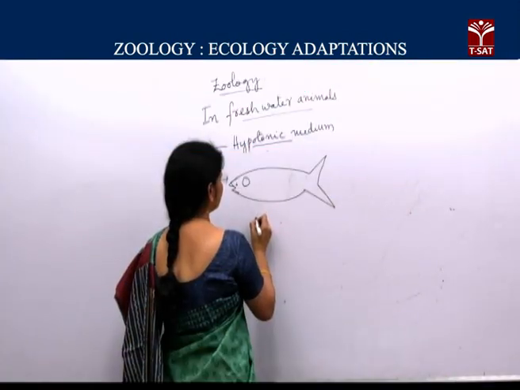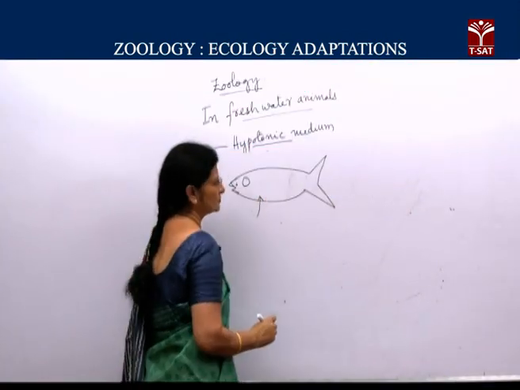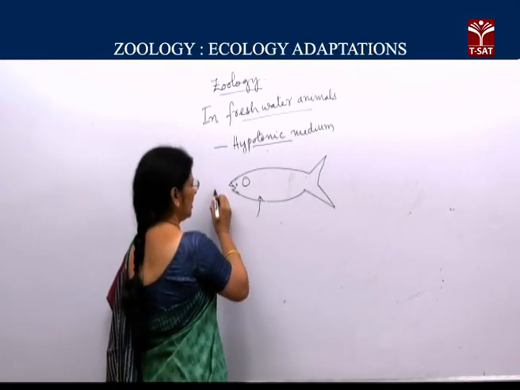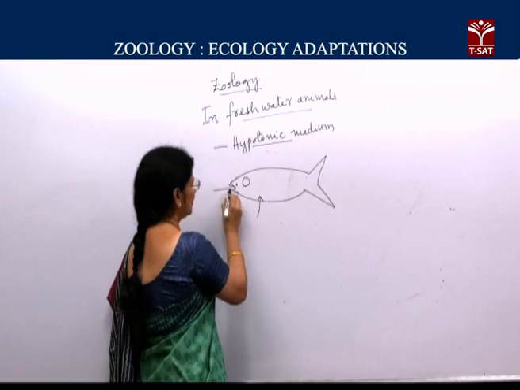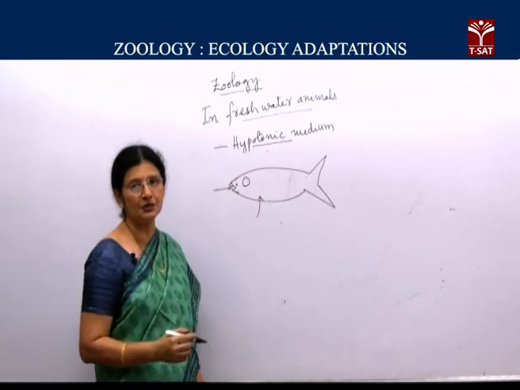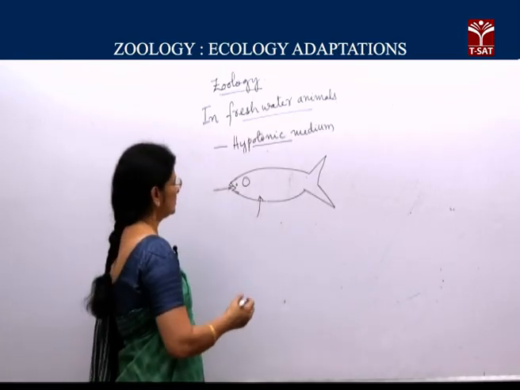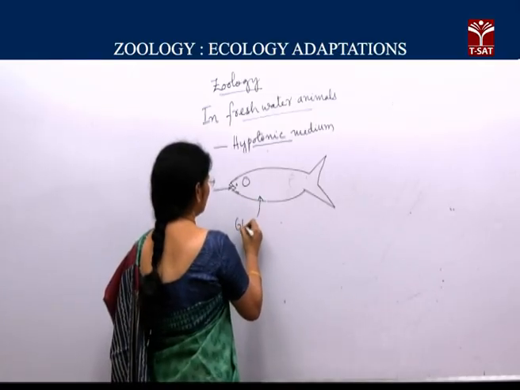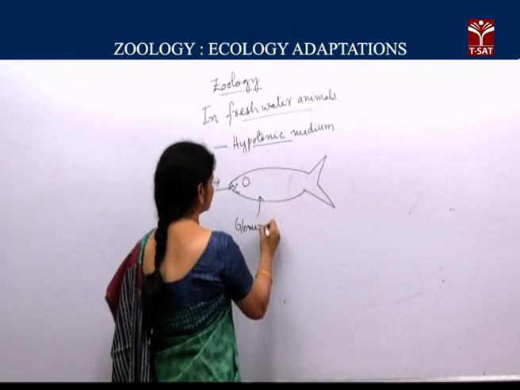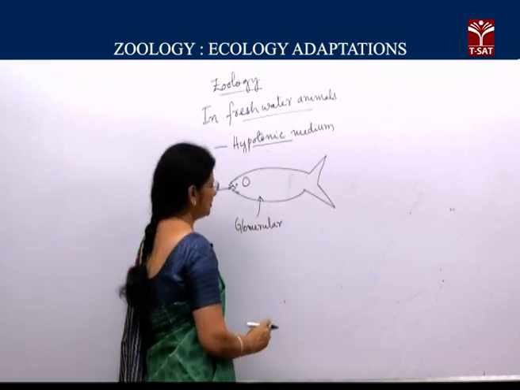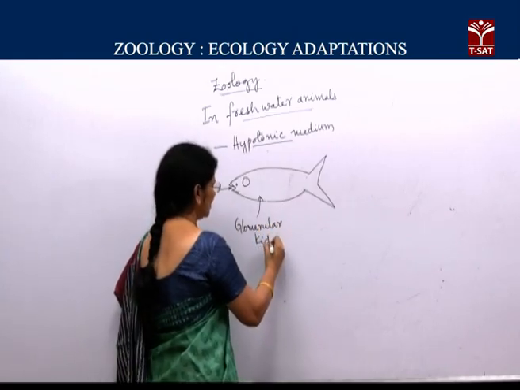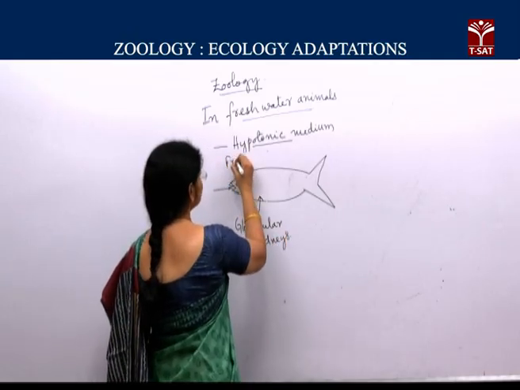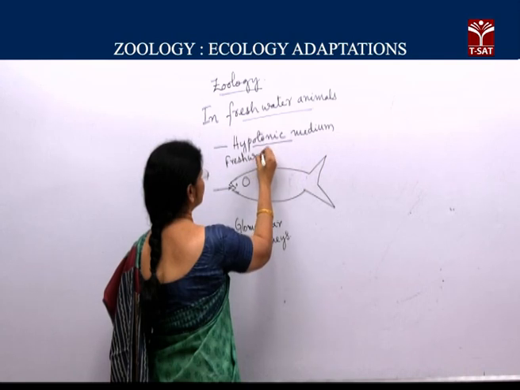Through the gill membranes, water enters into the body, and along with the food also, water enters into the body. So, they have well developed glomerular kidneys.